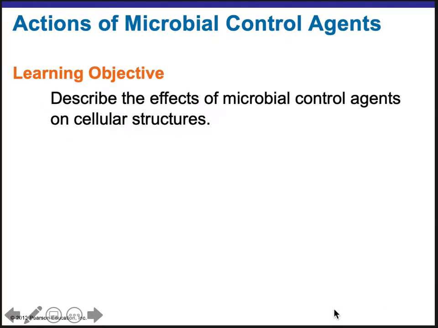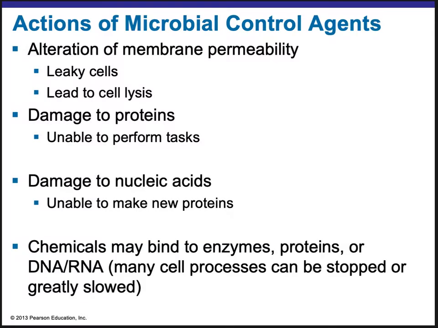So let's talk about different control agents. All right, so we can kill in different ways. We can attack different parts of the cell and have different kinds of reactions. If we attack the membrane, we cause it to become more permeable, then it's leaky. It's going to leak out the inside contents.